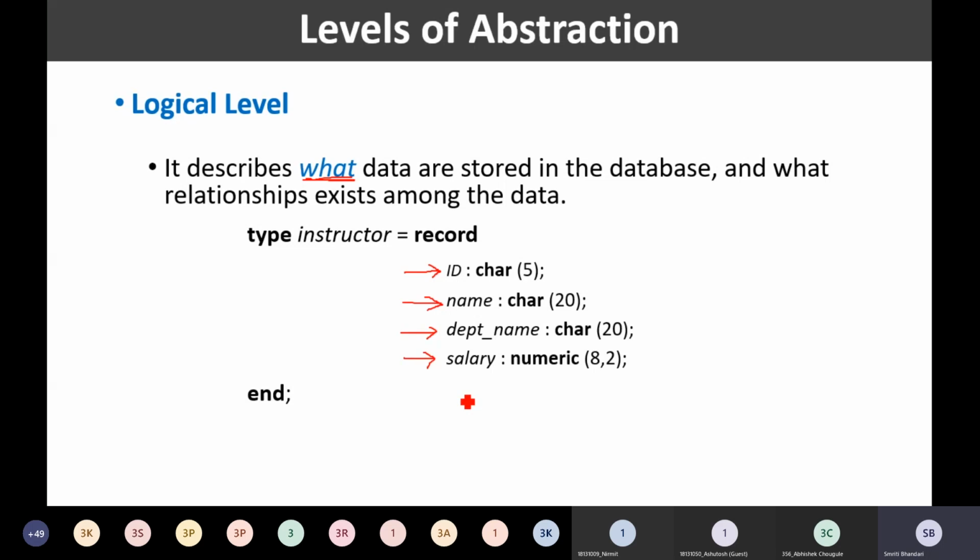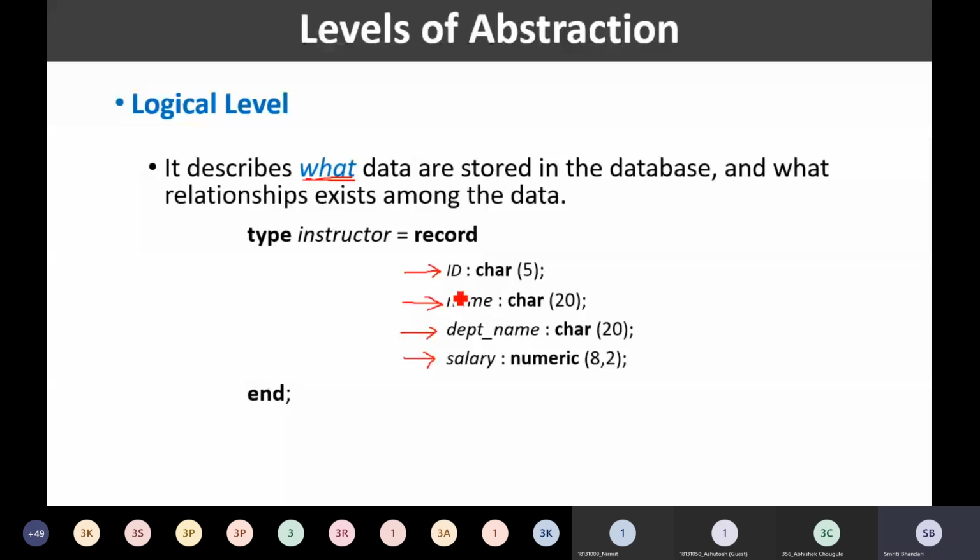Are you getting me? So the person who is working at the logical level only needs to understand this thing, that the person wants to store some data. So what data that person wants to store, and if that person, say for example, wants to store the data of the instructor, that person only needs to define the data types of the elements, right? Those he or she wants to store. That's all. And the relationships.